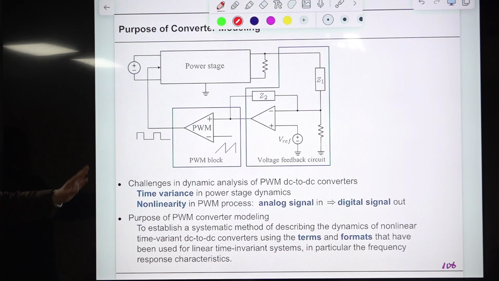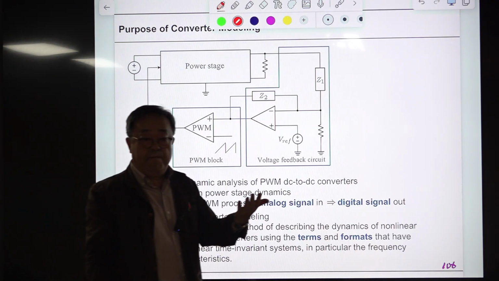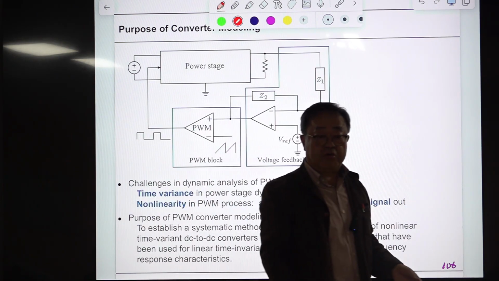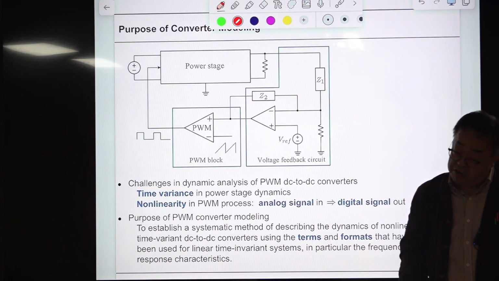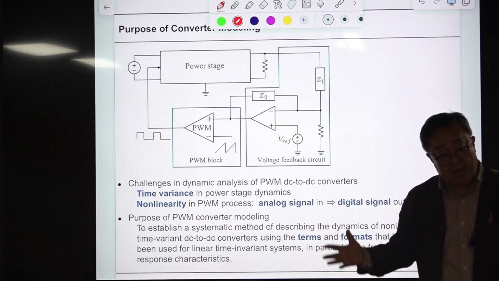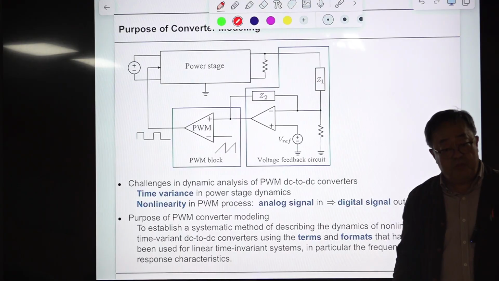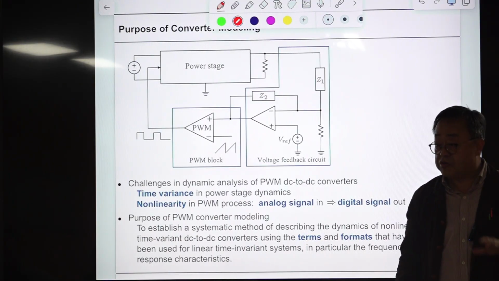And all of the story we'll be talking about is equally applicable to the linear time invariant system, or all the techniques developed for linear time invariant systems can be applied to PWM converters if we use a proper small signal model on that assumption.